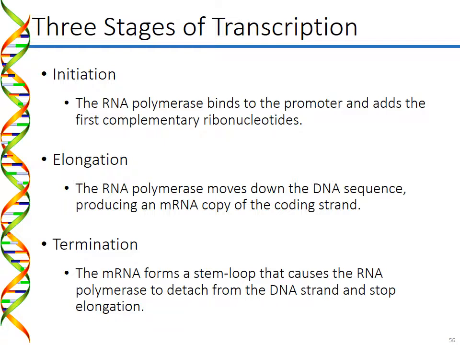Elongation, not surprisingly, is where the mRNA copy that has started being made during initiation gets elongated. So the RNA polymerase physically moves down the DNA sequence that's being transcribed, and it continues adding the complementary ribonucleotides. Termination is where the process stops, and the mRNA that's been produced detaches from the RNA polymerase. This is mediated by a structure called a stem loop, which we will look at in the upcoming slides.